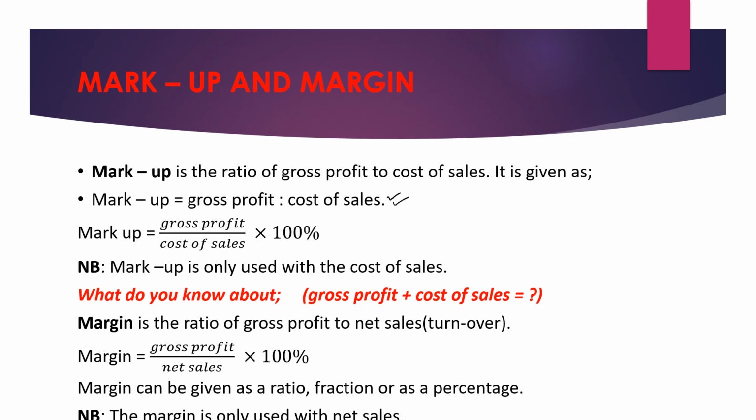Markup is only used with the cost of sales. So sometimes you may find that in the information you are given, there are sales, maybe other elements, but ensure that you have the cost of sales so that you can use the markup.